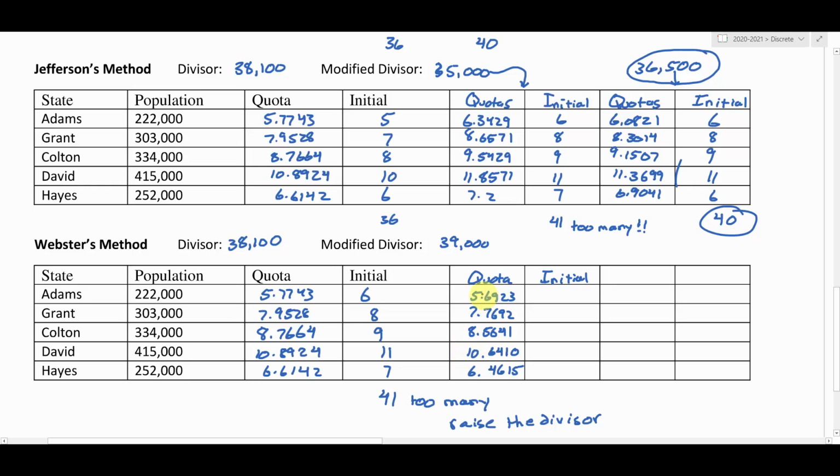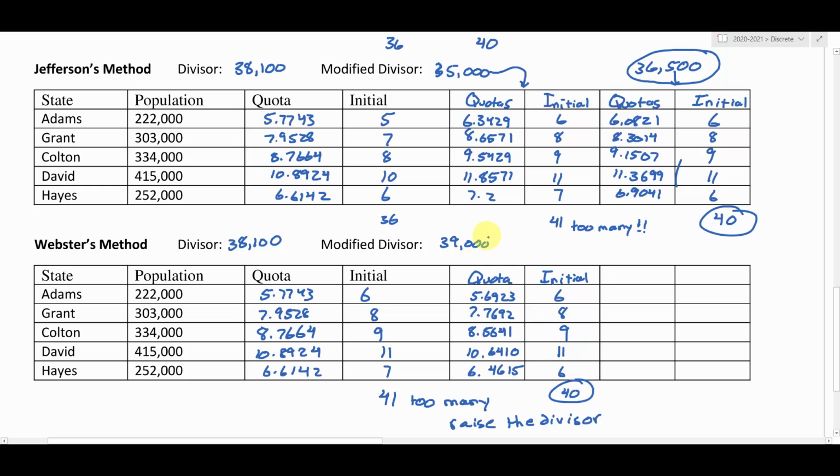We actually have to round first, then take the whole number part. So 5.6 rounds up to 6, 7.7 rounds up to 8, 8.5 rounds up to 9, 10.6 rounds up to 11, and 6.4 will stay at 6. So if I add those together, I do get 40, right?